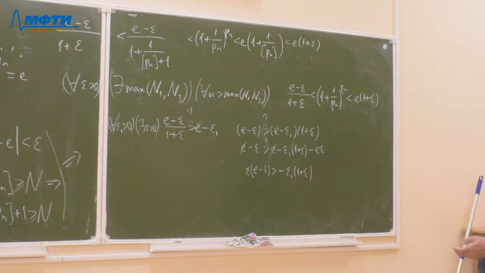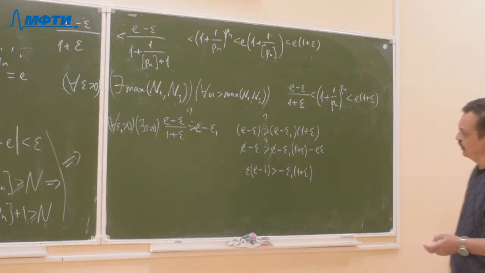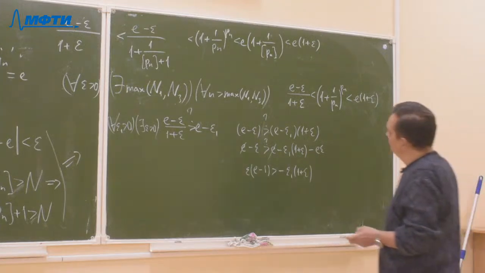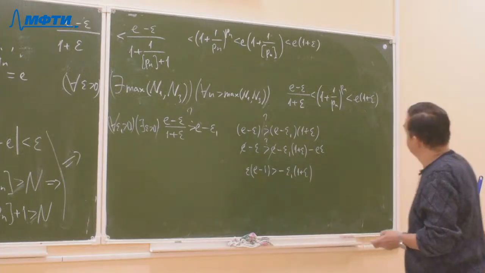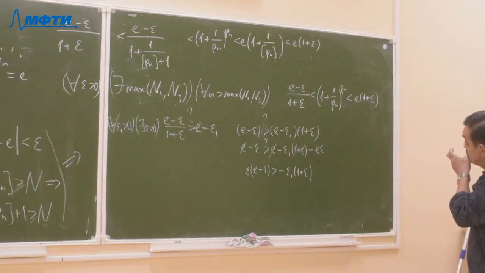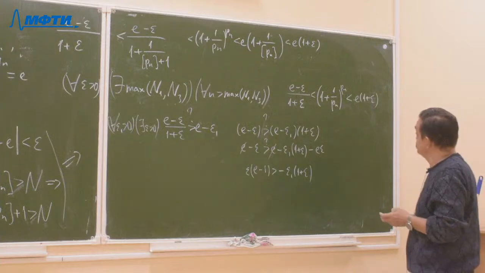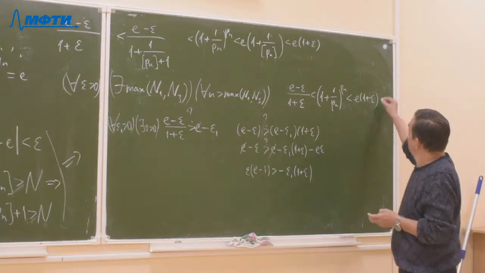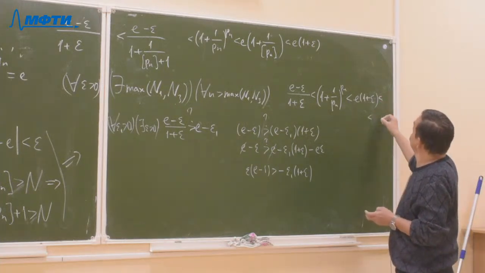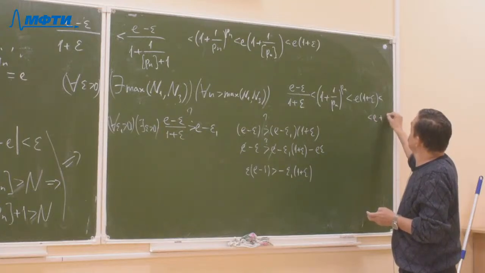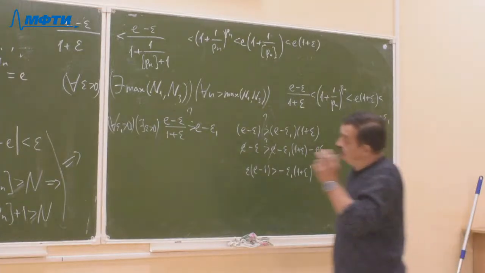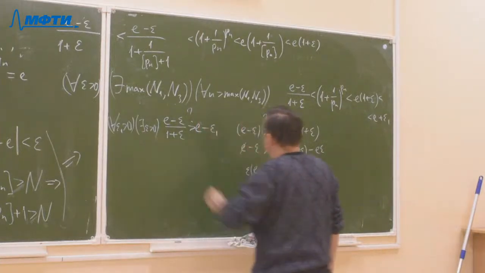Yeah, it's true. So it's okay, right? And also this is less than E plus epsilon 1. Again, for arbitrary epsilon 1, there is such an epsilon, right?